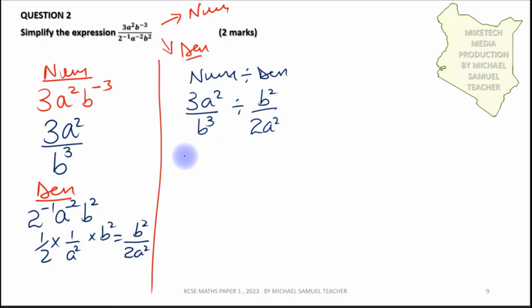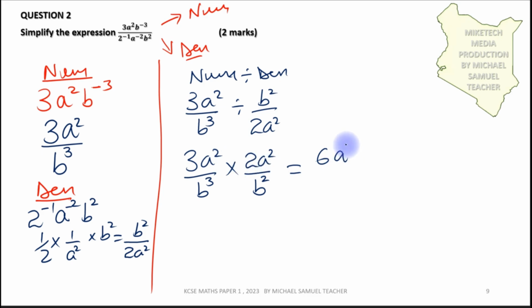So this is the same as 3a squared all over b cubed times the reciprocal, which is 2a squared all over b squared. For this case, we multiply the numerators. 3 times 2, that is 6. A squared times a squared, that is a raised to 4.